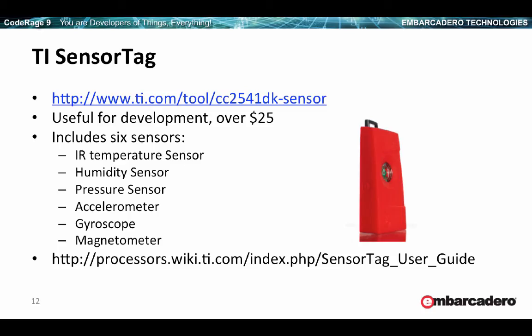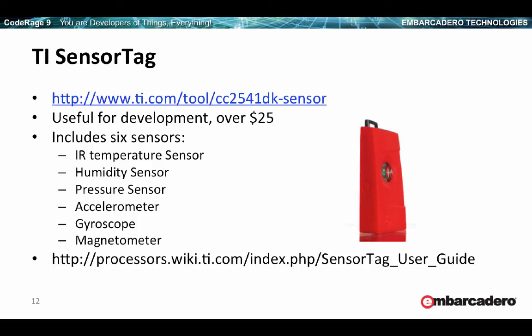Before the demos, I'd like to mention an interesting device, the Texas Instruments SensorTag. Here we have the website to get more information. It's very useful for development and it's cheap. It includes 6 sensors like temperature, humidity, accelerometer and gyroscope.